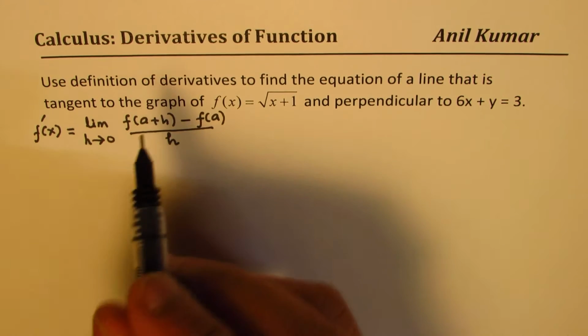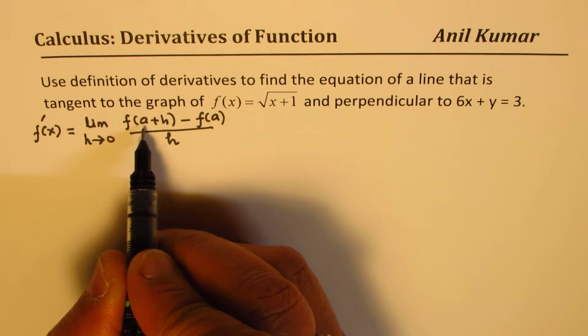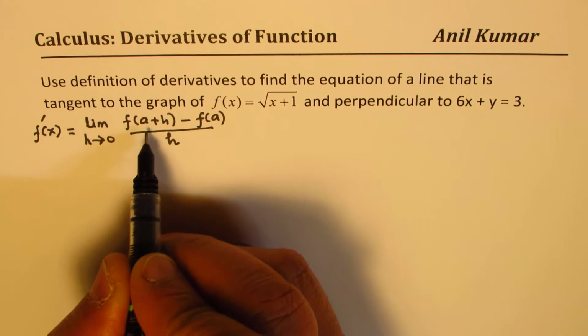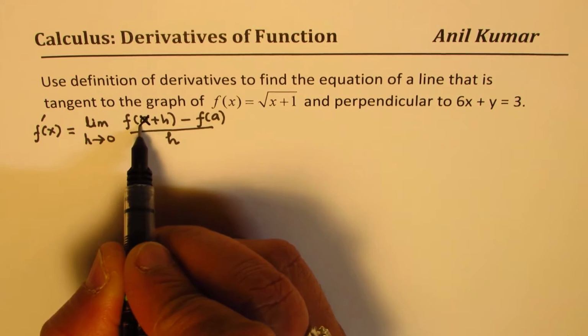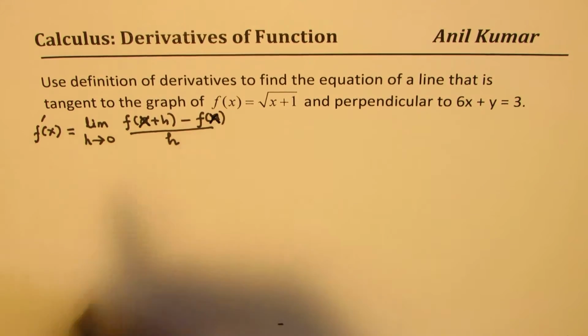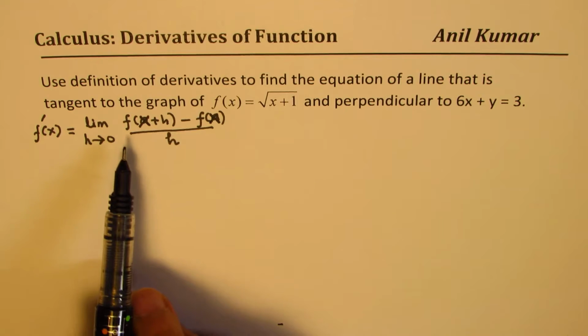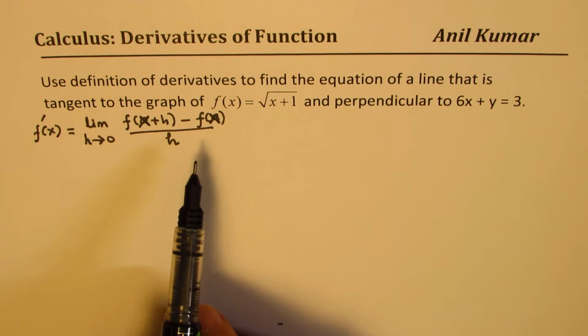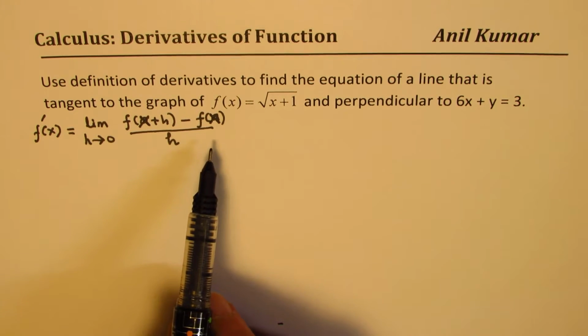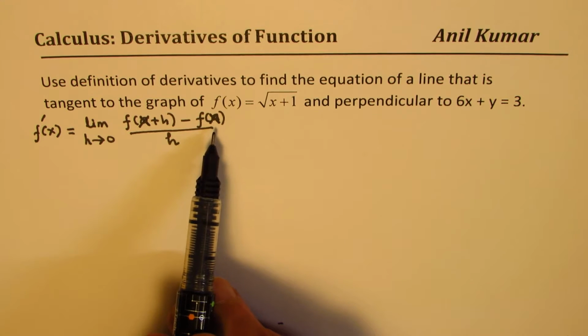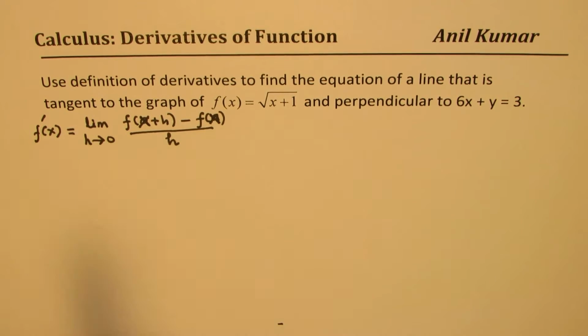Correct? So I should have used not a here, but x here. So let me just make a correction here. We'll use f of x. On purpose this was done so that you understand when to use f of a and when to use f of x.